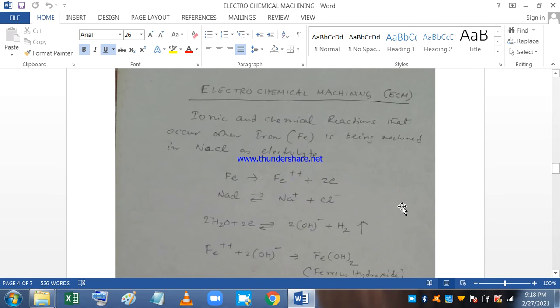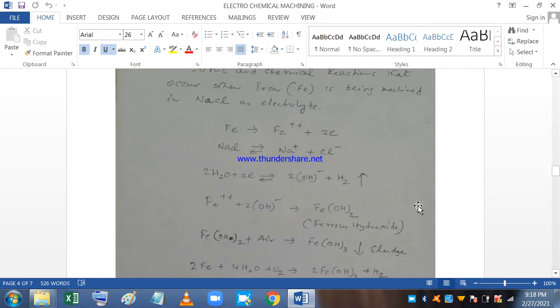This figure gives us the stage-wise ionic and chemical reactions that occur when iron is being machined in NaCl as electrolyte. Fe dissociates into Fe++, releasing 2 electrons. NaCl dissociates into Na+ and Cl-.